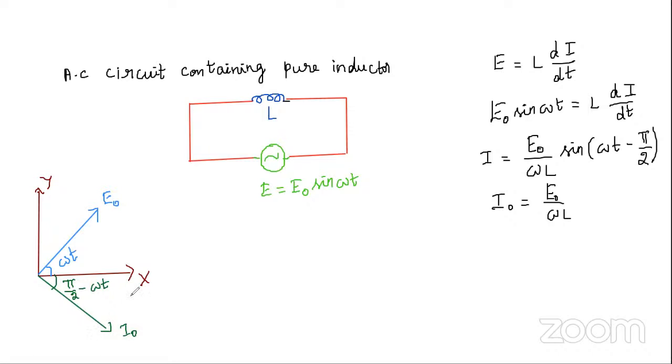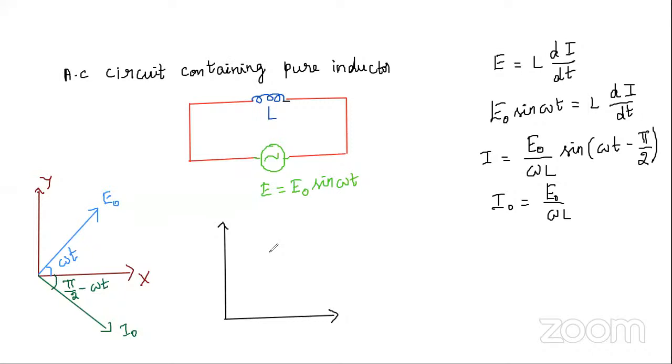This thing you can understand from the phasor diagram, and based on this, the signals can be represented by this diagram. So I will represent the signals here. So this is the x and y axis.